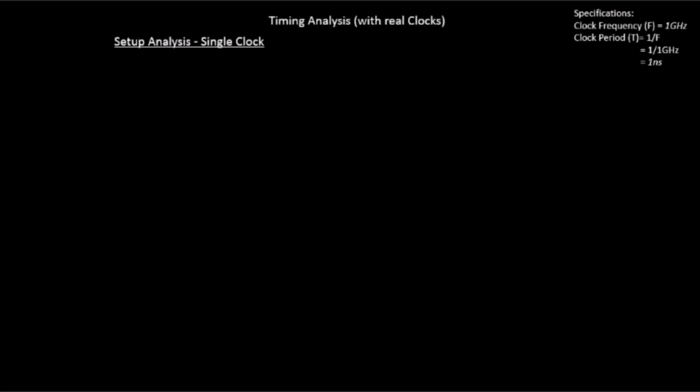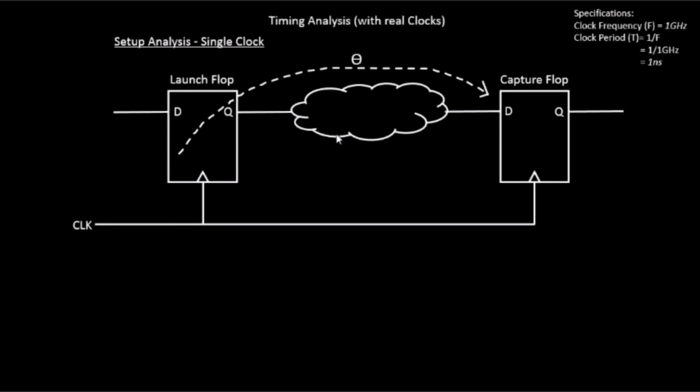Let us build the figure, the diagram and the equations based on this specification. So this is a basic timing path. You have a launch flop, a capture flop, and some data path in between, and this is the clock path.